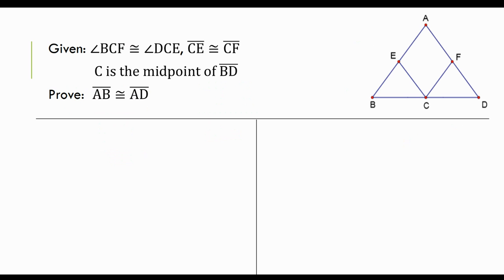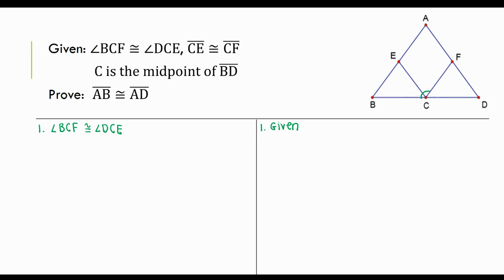Let's take a look at another proof. So go ahead and sketch the picture because we want to be marking that up. And now I'm going to start writing. So we know our first given, angle BCF, is congruent to angle DCE. That's given. So follow the letters, BCF, that's this angle.